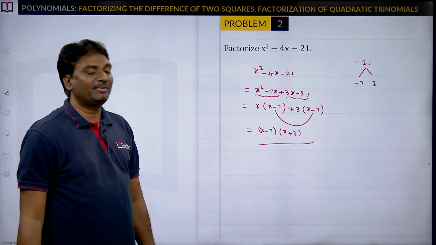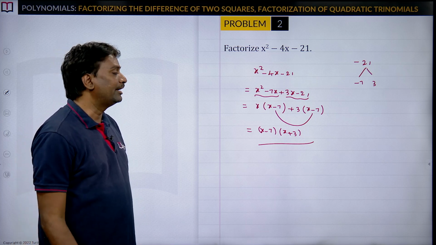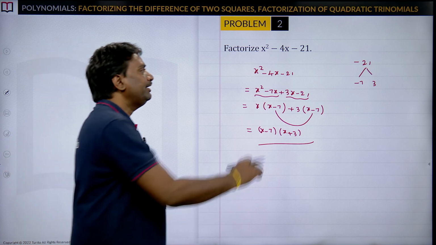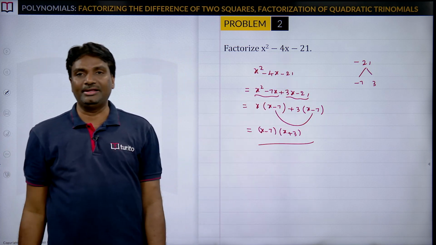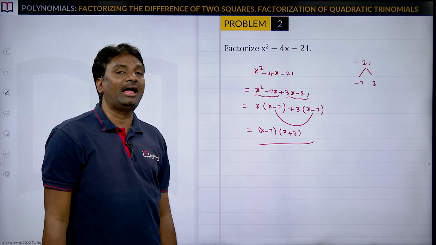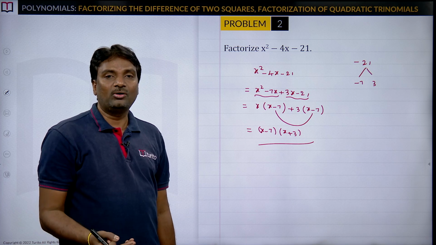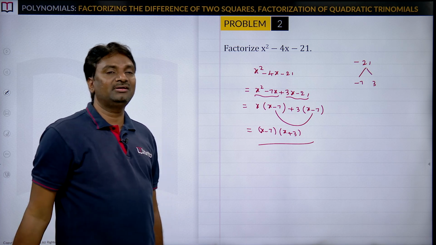So, we have expressed the given polynomial as the product of two polynomials x minus 7 and x plus 3, where in place of c we have minus 21. Take the factors of minus 21 to get the middle term as minus 4: 7 and minus 3, or minus 7 and 3. But according to the middle term, you have to take minus 7 and 3 only.